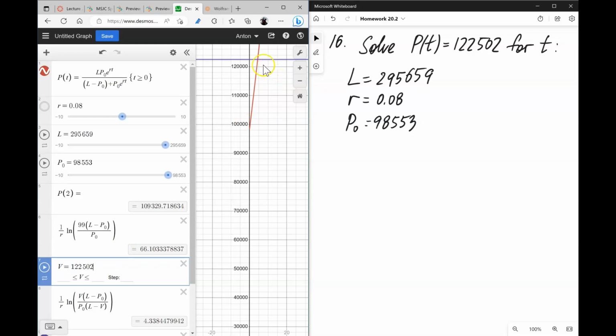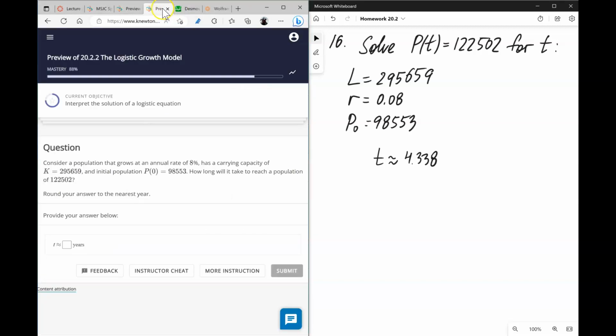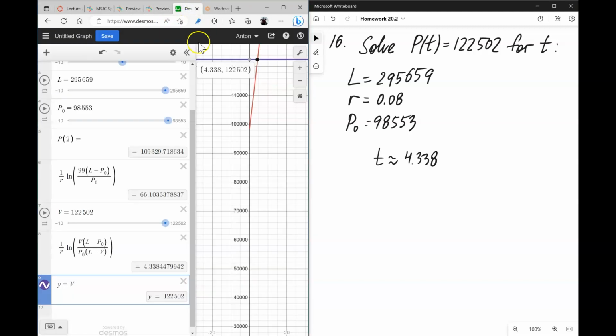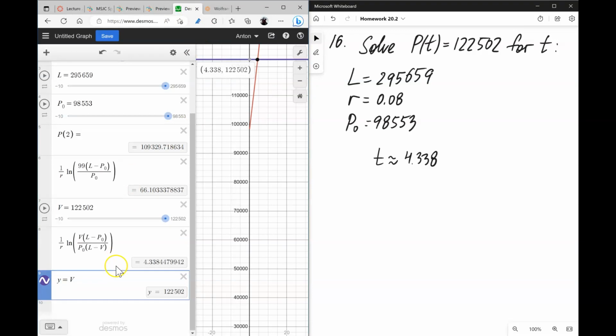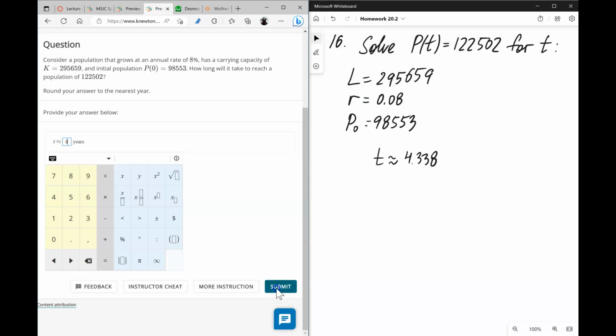So I can see clearly that the answer is 4.338. So to the nearest year it will be 4. However, we can also use this formula and we'll get exactly the same answer, 4.338. So we're now more than certain that the answer is 4.